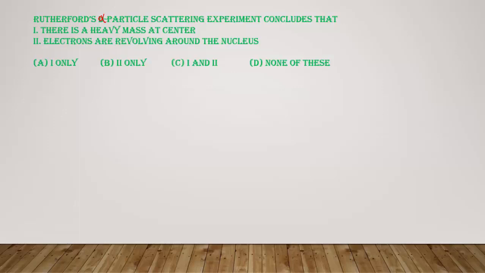No, this postulate is explained by Niels Bohr, but it is not explained by Rutherford. According to Rutherford, the whole mass of the atom is concentrated at the center, and most of the space in the atom is empty. Only statement 1 is right, so option A.